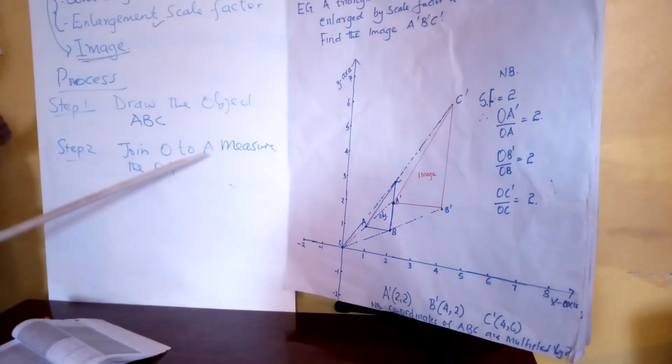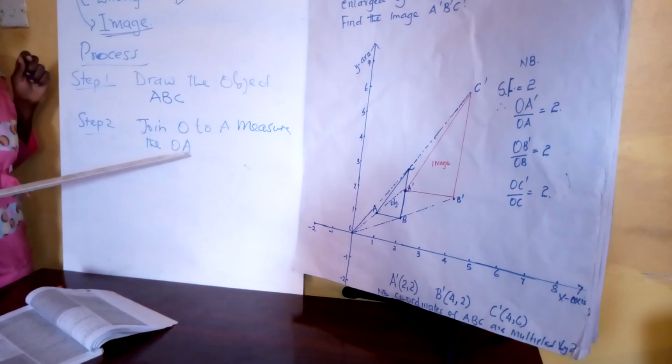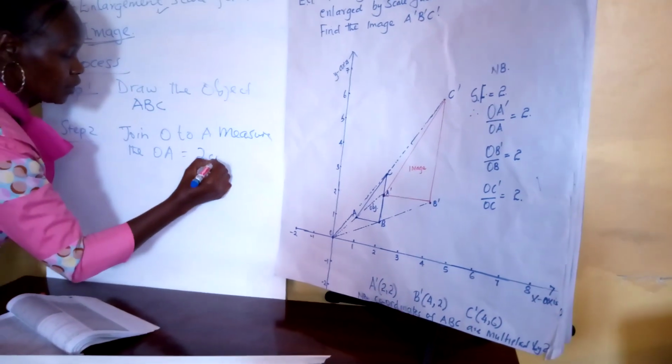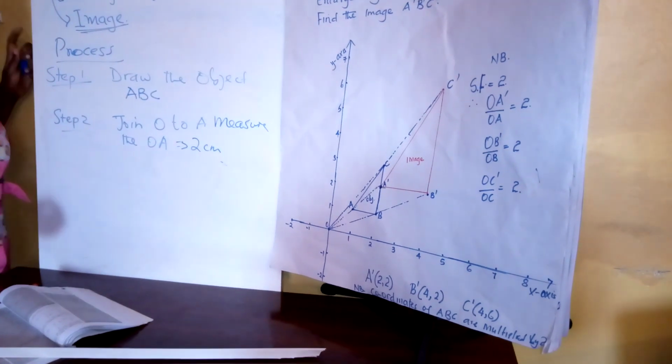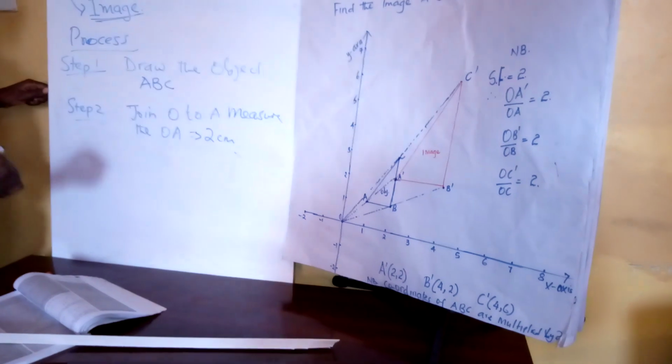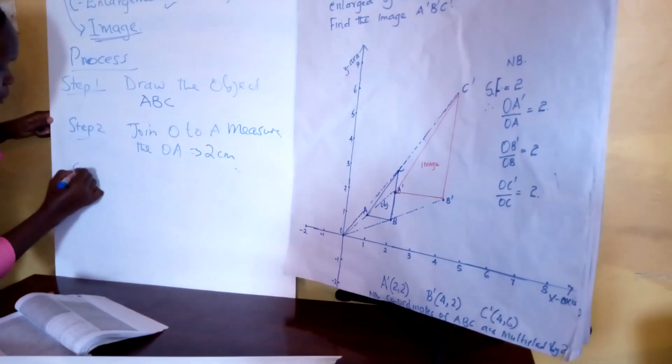You're supposed to measure this using your ruler. So suppose you get that OA is 2 centimeter. What else are you going to do?